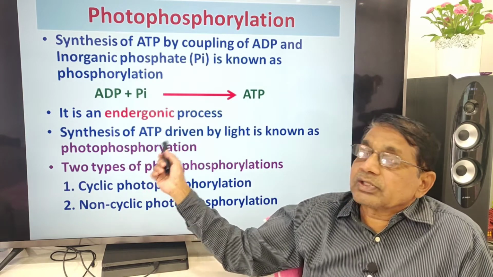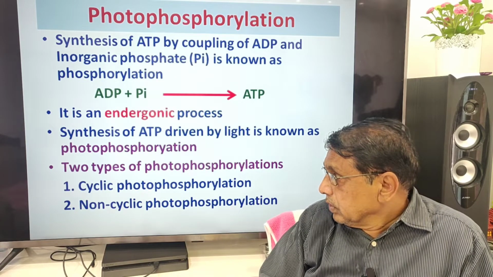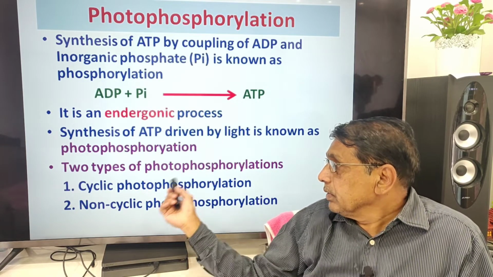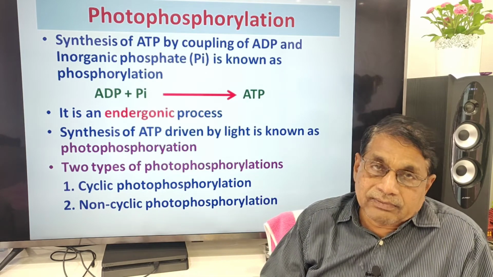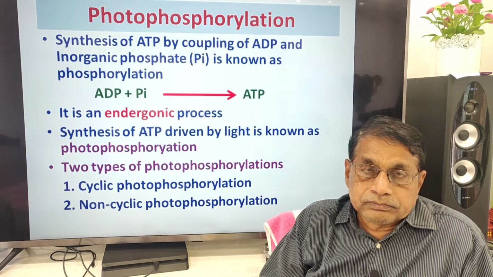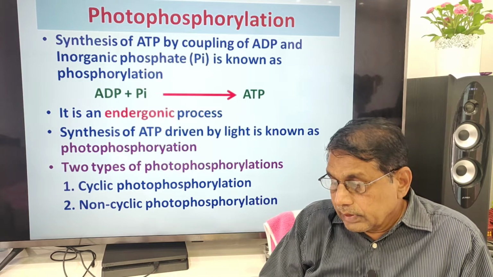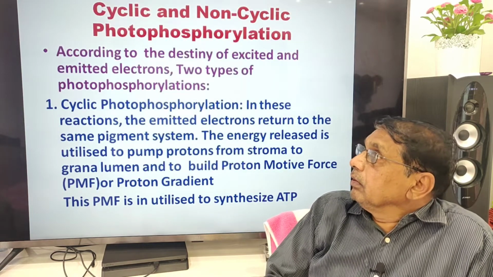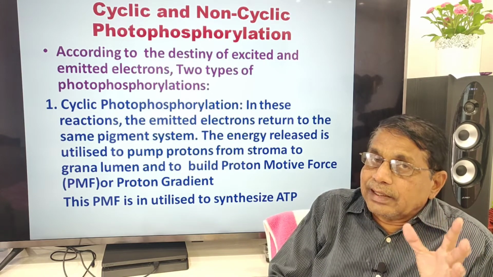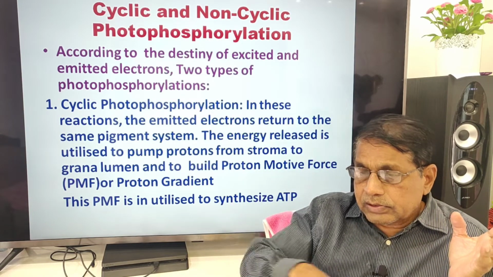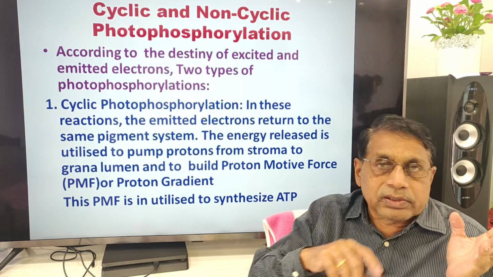There are two types of photophosphorylation: cyclic and non-cyclic. What is the main difference? Cyclic means like this; non-cyclic means not following the cyclic pathway.